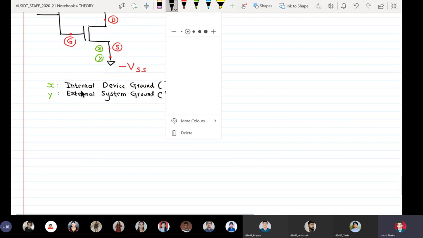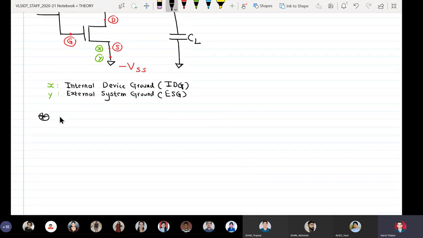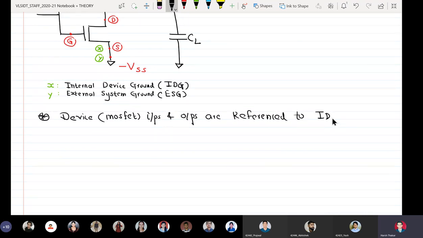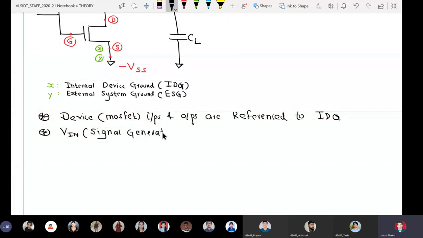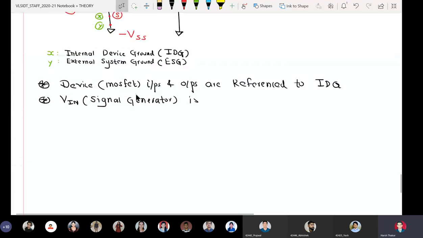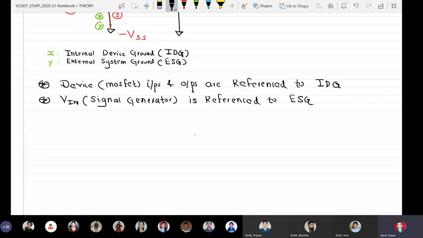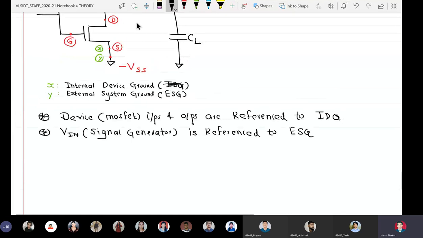Some facts. Why are IDG and ESG defined? Please understand one thing: the device, device means MOSFET, so device inputs and outputs are referenced to internal device ground, while Vin, which usually comes from a signal generator, is referenced to external system ground.